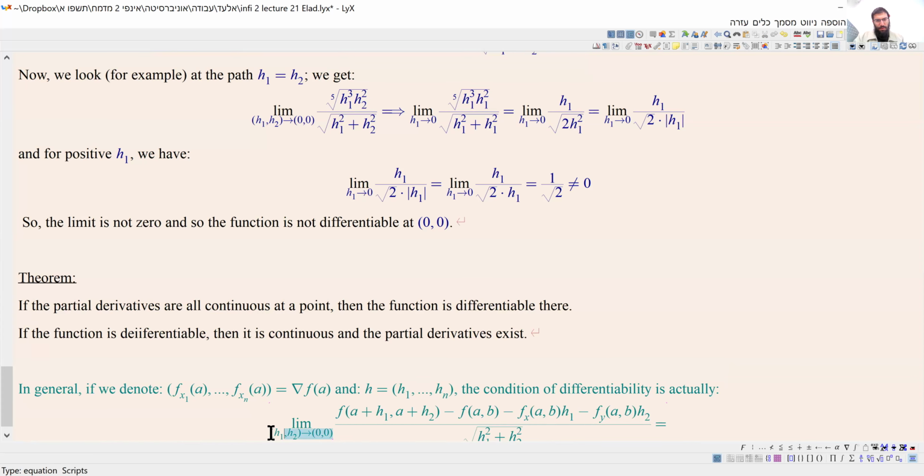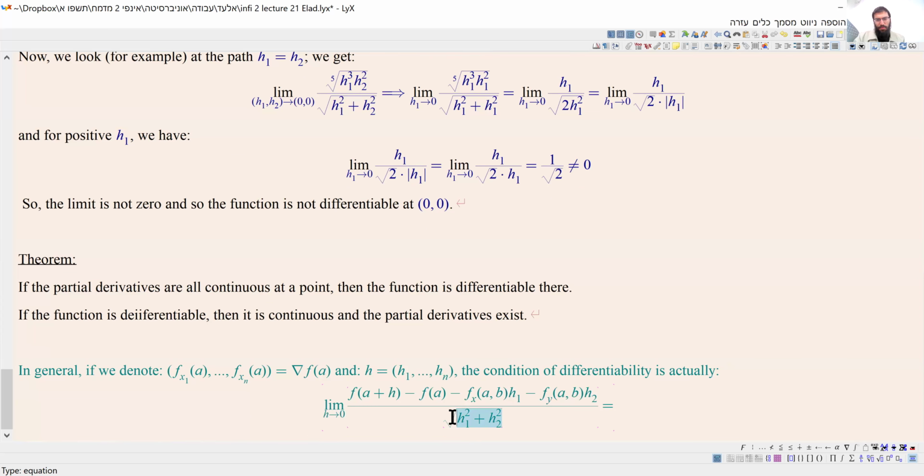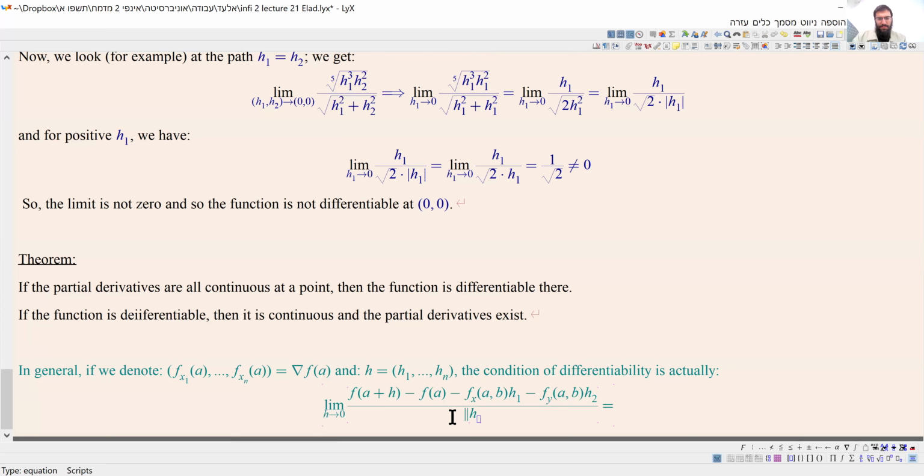But considering it's now n variables, h goes to 0. This is f of a plus h minus f of a. Here it is the norm of h, square root of the sum of the squares. And the first derivative multiplied by the first h, the second derivative multiplied by the second h. This is the standard inner product.